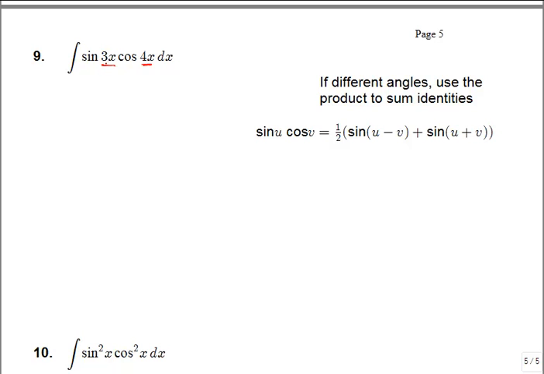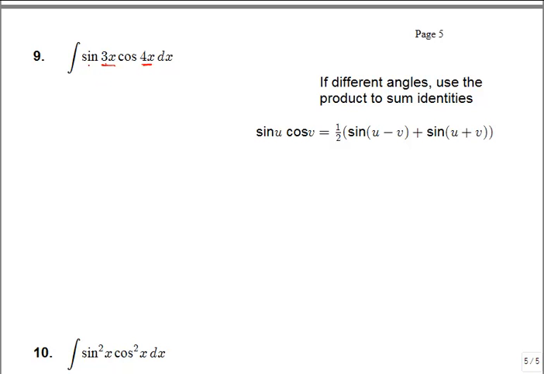So what we're going to do whenever those two angles are different is use a product to sum identity, which is something that looks like sine u times cosine of v, like this one. We have a sine times a cosine where the u and the v angles are different.